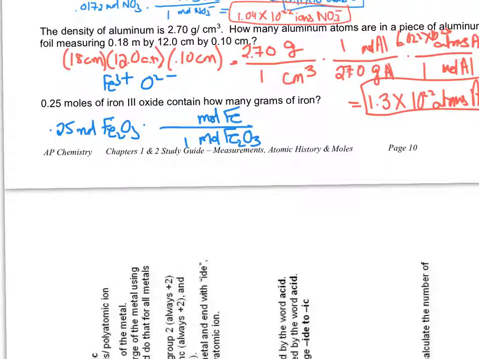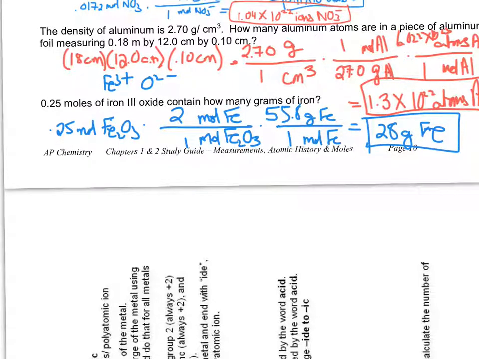And so 1 mole of Fe2O3 has 2 moles of iron, and then I can go from moles of iron to grams of iron. 1 mole is 55.8 grams of Fe, and I end up at the end with 28 grams of Fe. 2 sig figs because 0.25 had 2 sig figs.